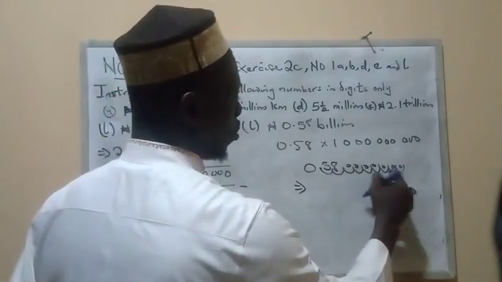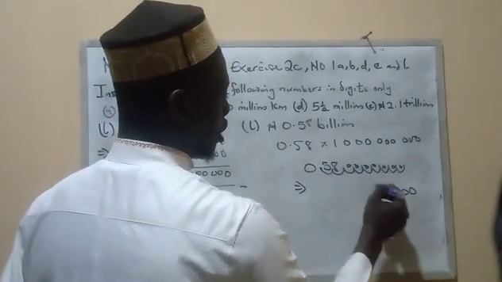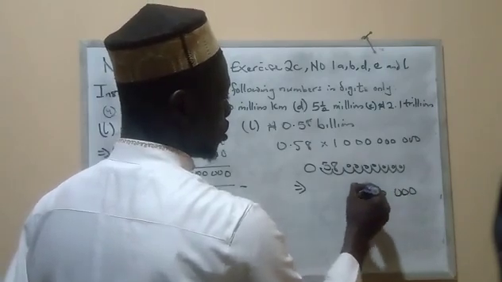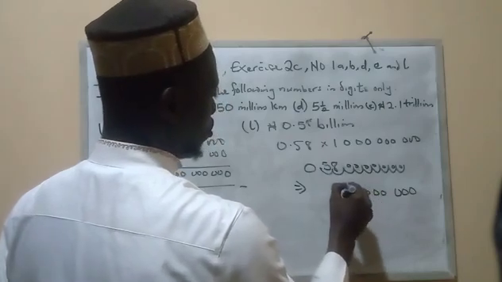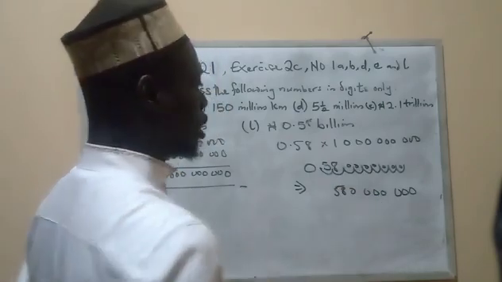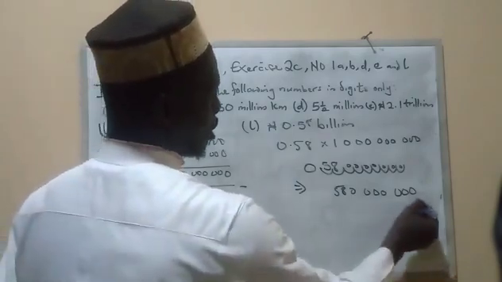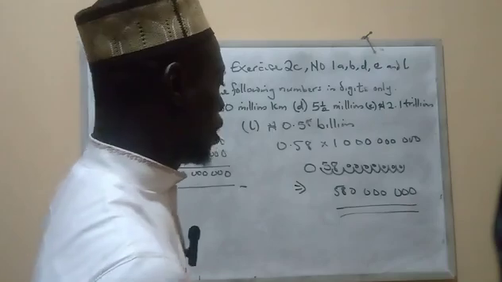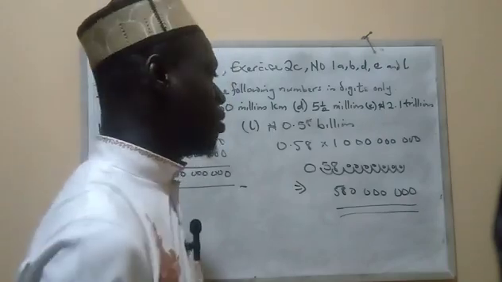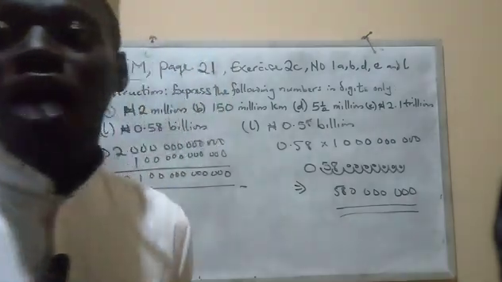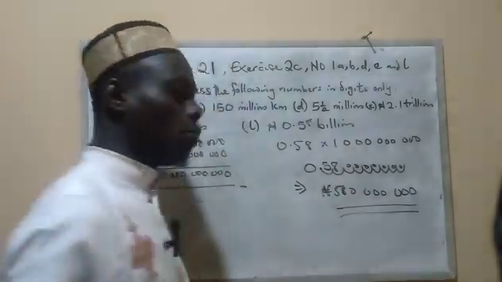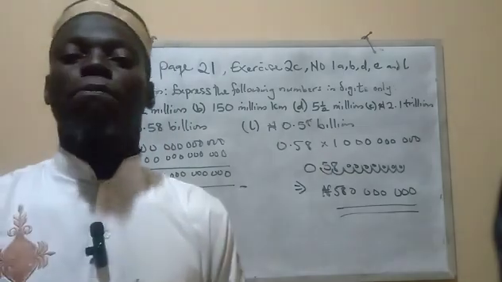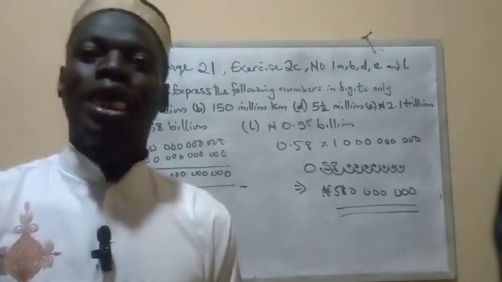That is 58 million naira, which is the same thing as 0.058 billion. And here it is.